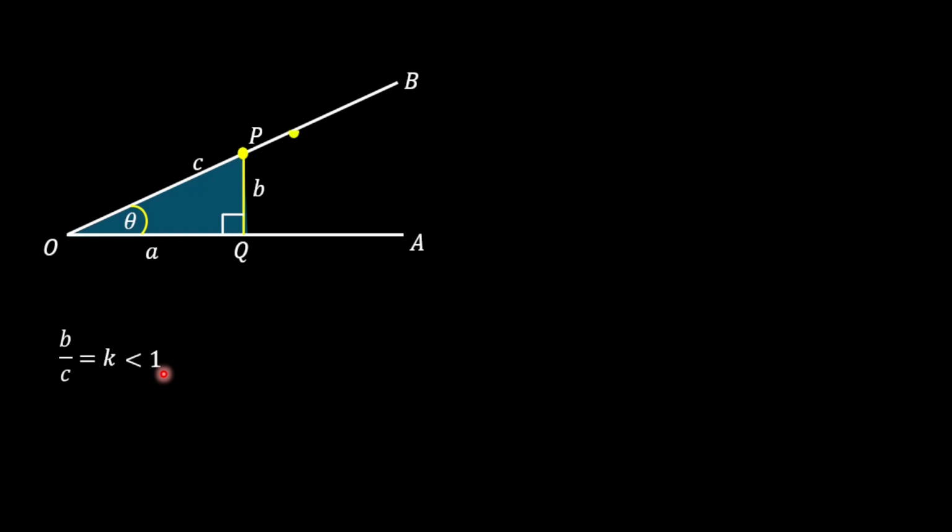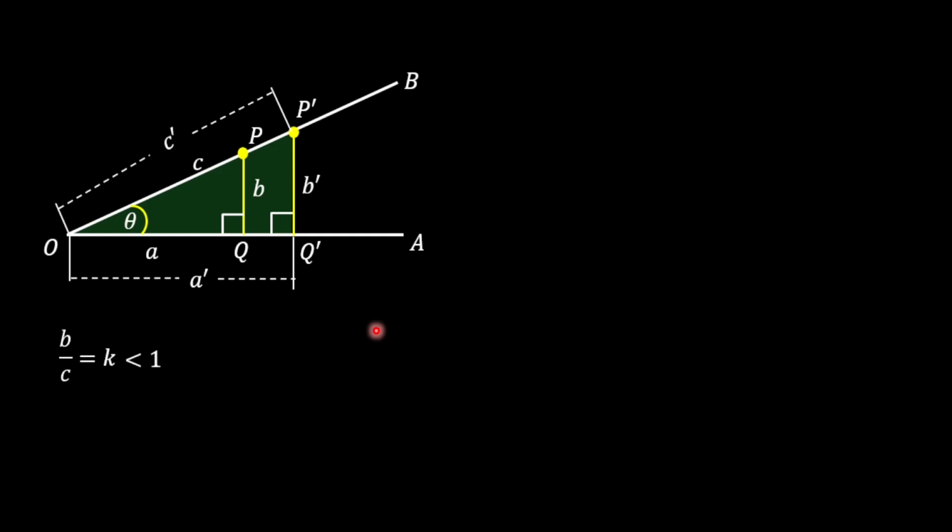Now, if I take another point which I represent with P prime and I repeat the same procedure, that is, I drop a perpendicular on line OA which meets at point Q prime. Now we have another right triangle OQ prime P prime which I shade here with a light green color, and let the side lengths of this right angle triangle be A prime, B prime, and C prime.